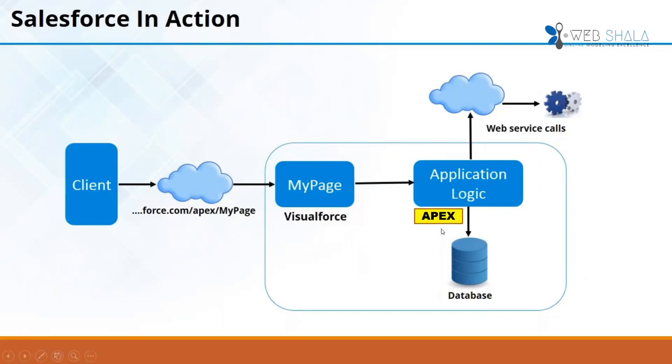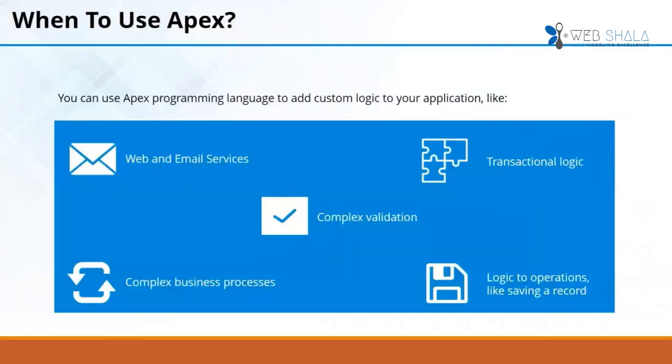So where are we writing Apex? In the middle, on the application logic or business logic or middleware level, we are writing our Apex code. Clear? Okay. So when do we need to write Apex programming? You can use the Apex programming language to add custom logic in your application.